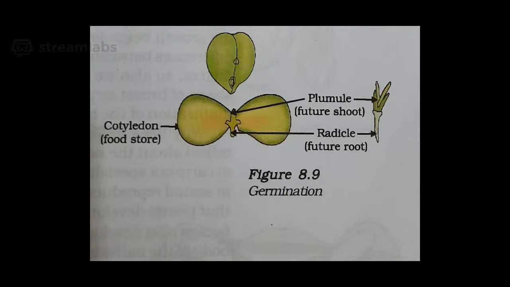When you provide water for the dried seeds, they germinate. Take some ragi seeds, spray them on the soil and spray water on them.